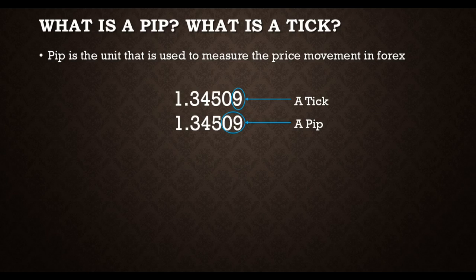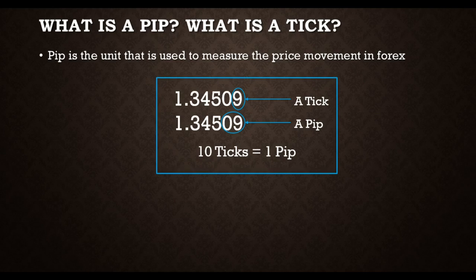So that gives us the relation between a tick and a pip, which is 10 ticks are equal to 1 pip in the Forex market. In most of the pairs, that can vary from a market to another.